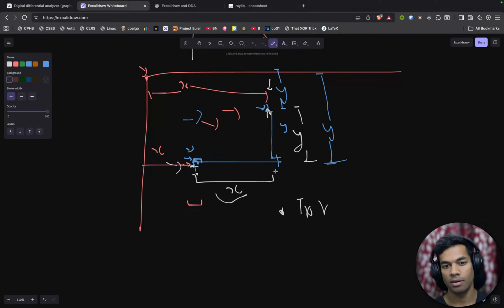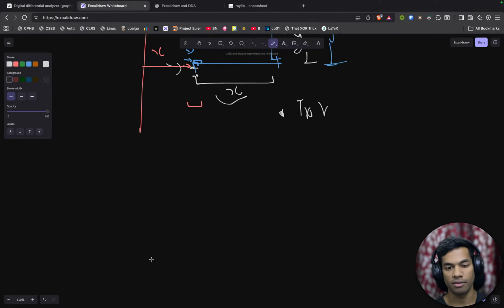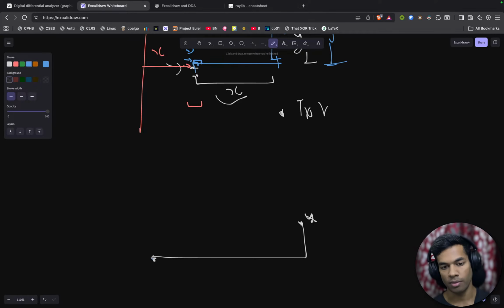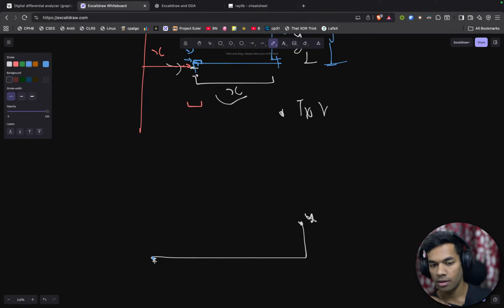But when y is smaller than x, that is when the points are like this. This is the second point and this is our starting point. Here we will make a movement in y direction, but do we make the movement positively or negatively? We have to make movement negatively.